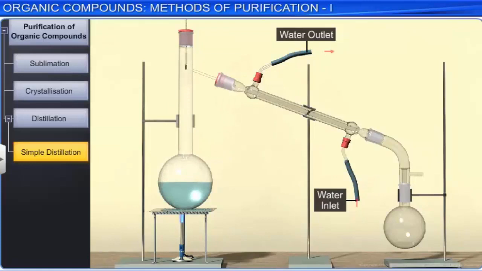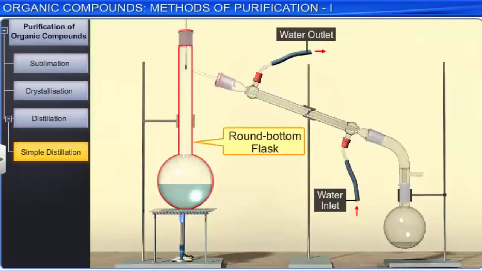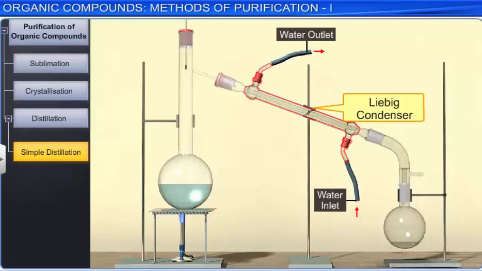For example, a mixture of chloroform and aniline, which differ in their boiling point by 123 degrees Celsius, are separated by this technique. In this method, the liquid mixture is taken in a round bottom flask which is fitted to a Liebig condenser and heated.